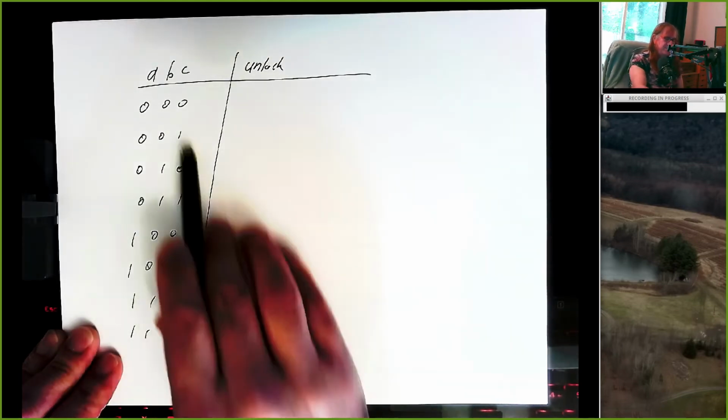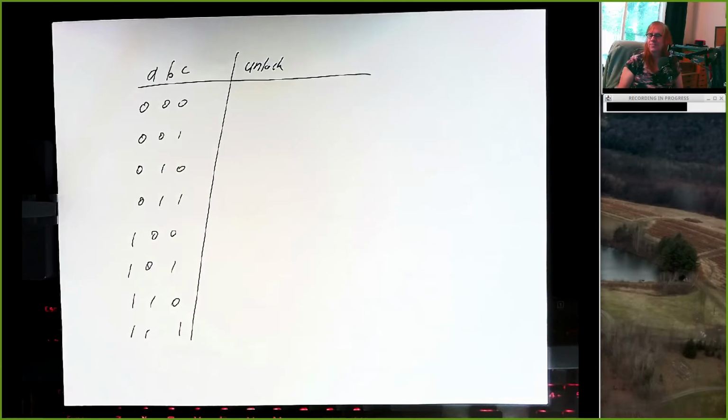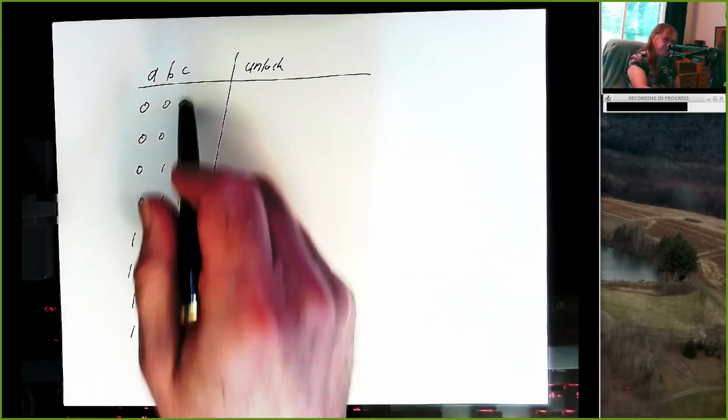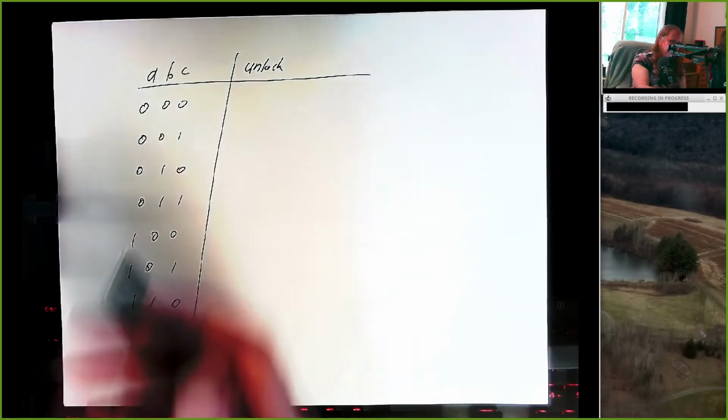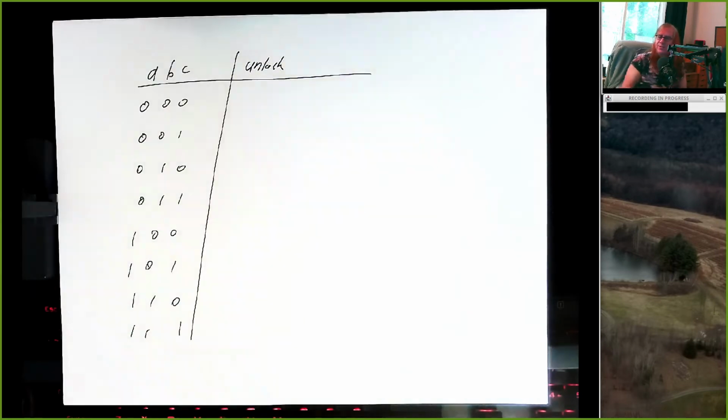It may be that some are pressed and some are not. We'll talk more later about how I knew to come up with exactly these 8 combinations. But if you think about the different ways that A, B, and C could be a 1 or a 0, you will eventually find 8 possibilities and no more than that. I've just listed these 8 possibilities on the left side of what's going to be a truth table.